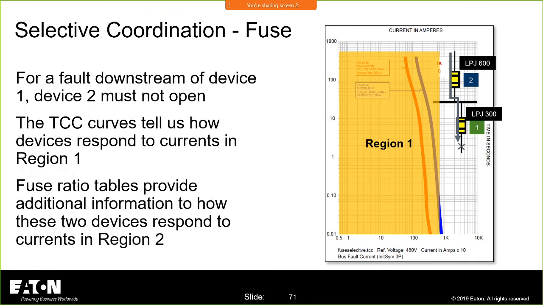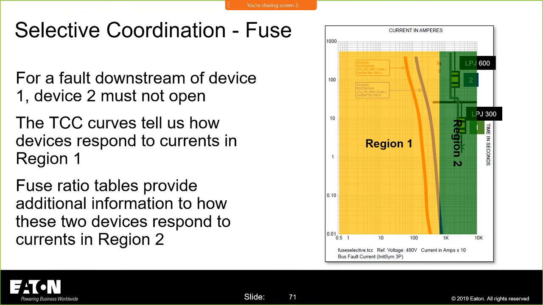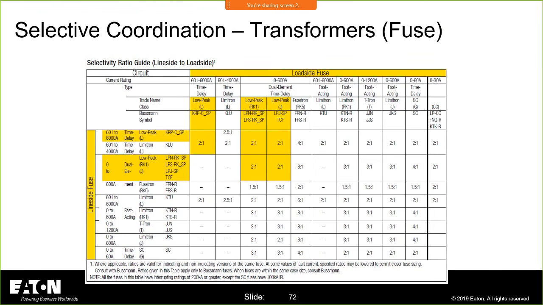The moment I have fault currents that are greater than the current limiting region of these fuses, and remember, the current limiting region is where those fuses cross 0.01 seconds, that's way down here. Any fault current greater than that point on the TCC curves, for that downstream fuse, I'm in the current limiting region of that fuse. I know that when I go above into region 2, I have fault currents greater than where they cross 0.01 seconds. I need some other method, and the ratio tables are what you use.